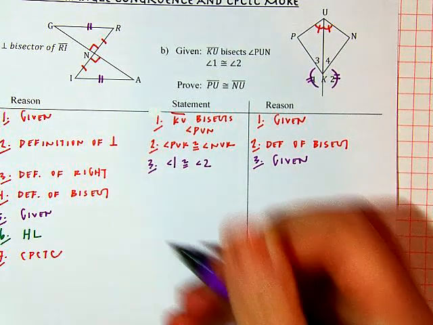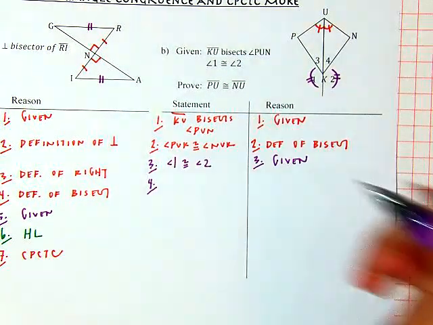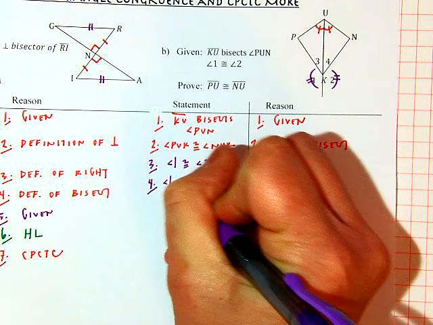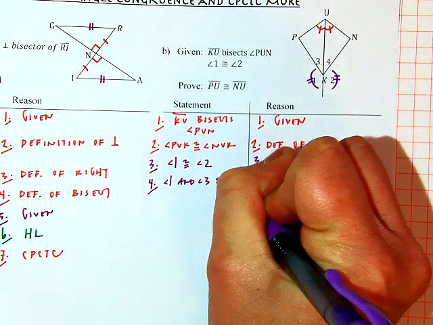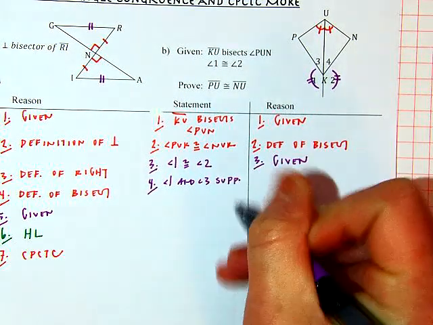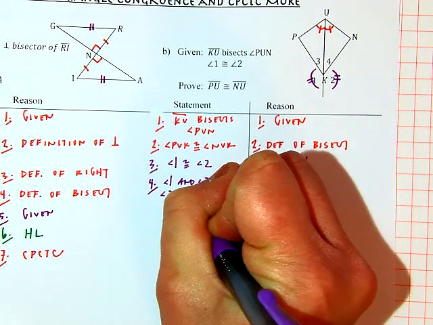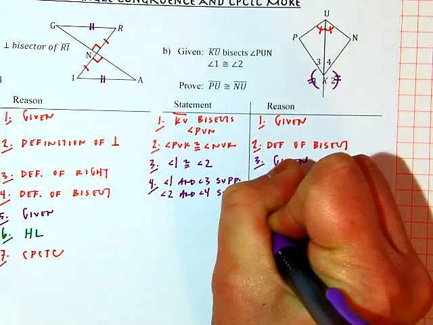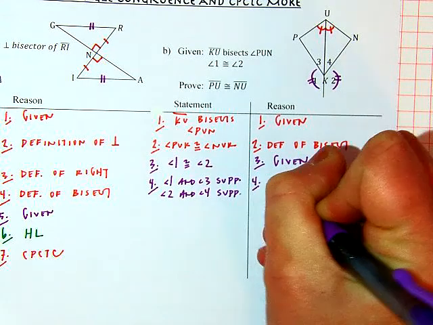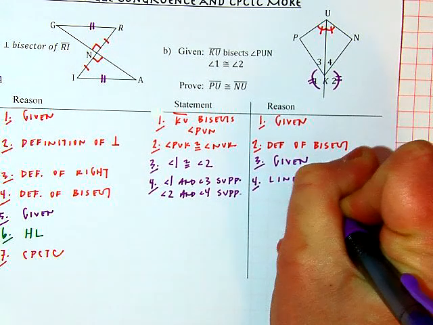So I have to first say that angle 1 and 3 are supplementary, and so are 2 and 4. I know that because they form a linear pair.